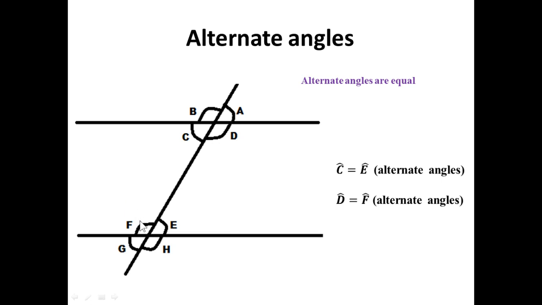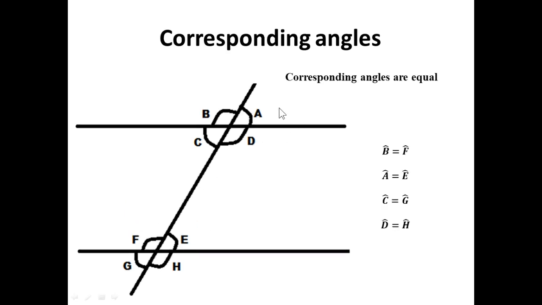Another angle that is formed is the corresponding angle. Corresponding angles are also equal. We know that angle C and angle E are alternate, and angle D and angle F are also alternate. How can we get corresponding angles? Here is a parallel line and another parallel line.